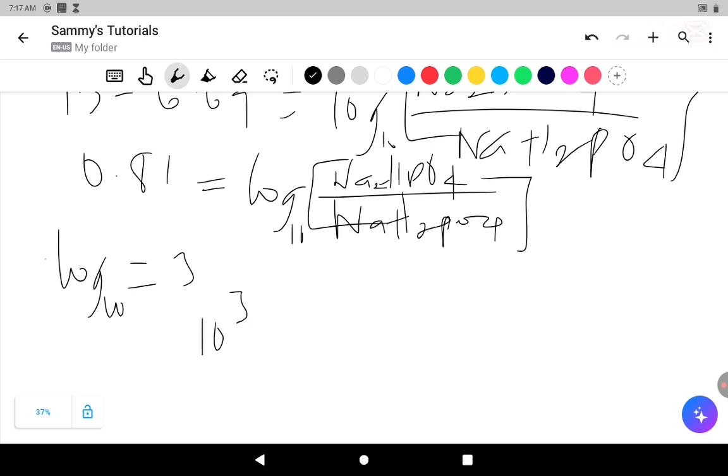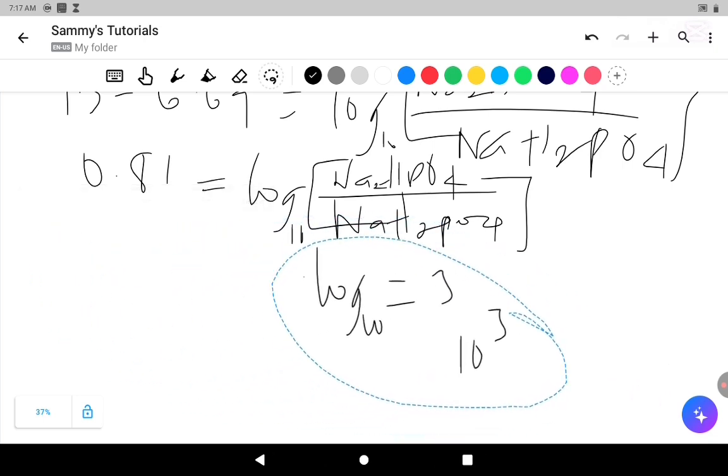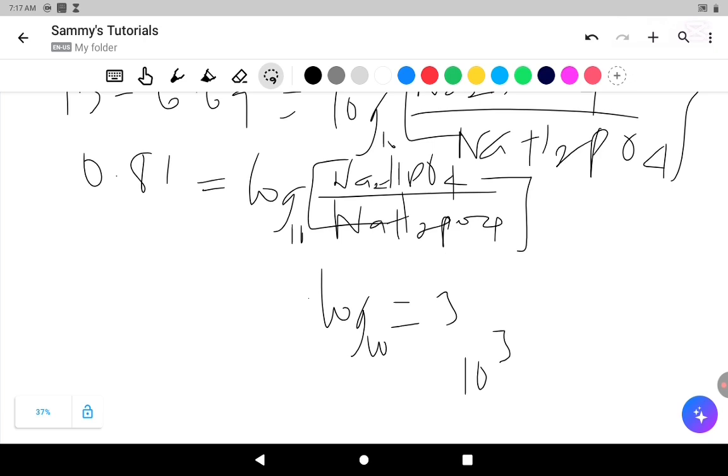In fact, if you see only log, it's log base 10 also, so don't mistake it. With this example, you can easily work this out. Don't forget this. Now this is log equals to 0. This is log equals to what?